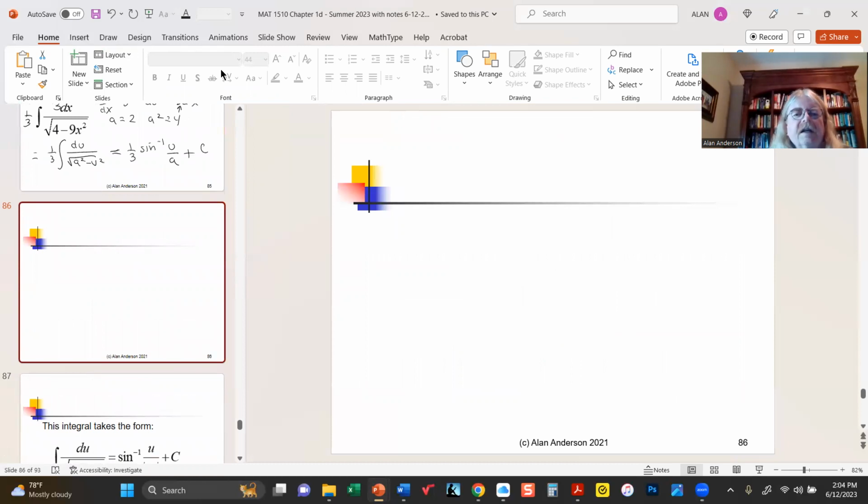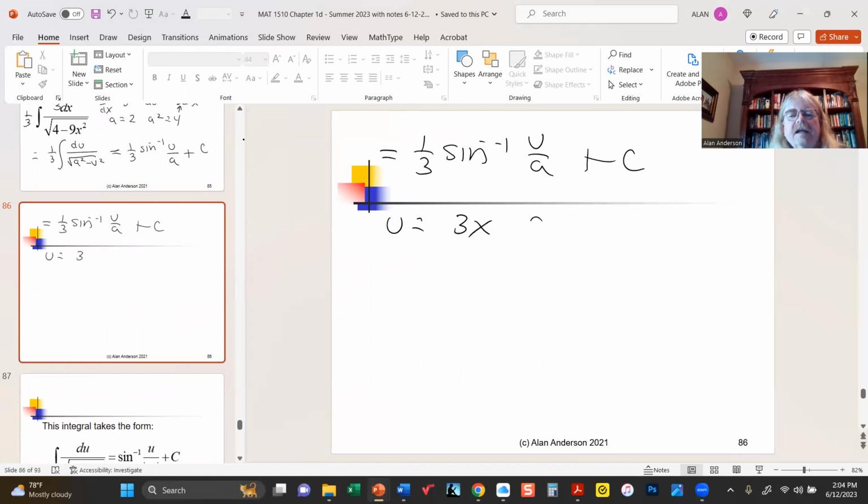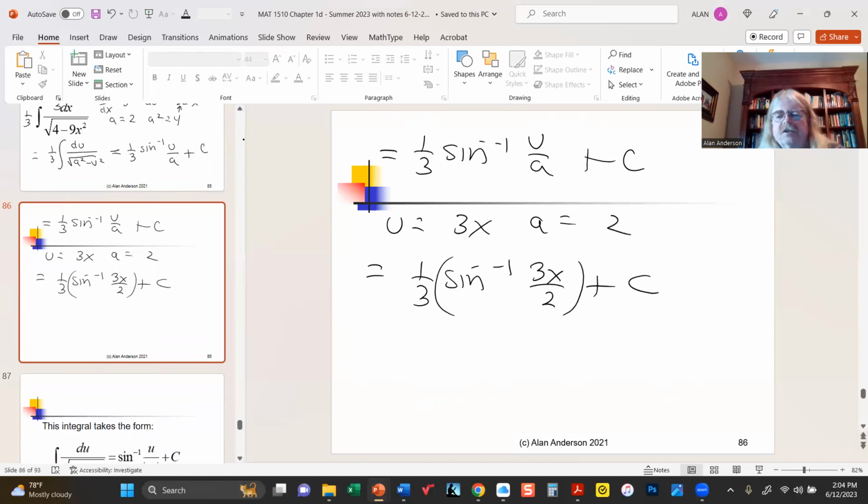So I'll just repeat that right here: 1/3 arc sine u over a plus c. Now remember, we defined u as 3x and a is 2. And it is a definite integral. And that should be it.